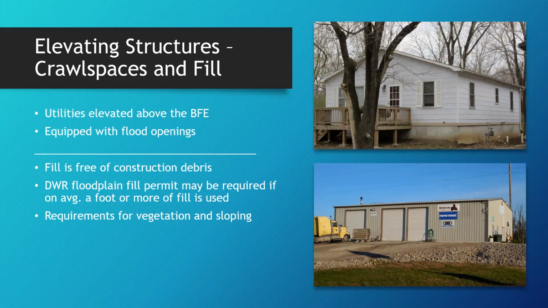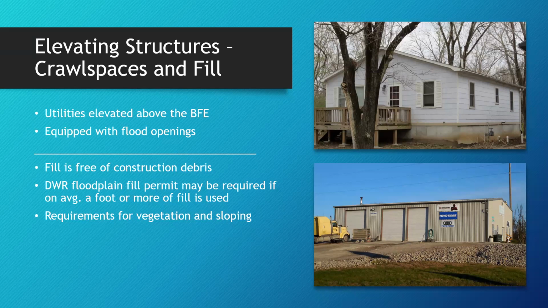And then fill. Often in Kansas, we require a statement that says it's not going to have any construction debris. So sometimes people try to put construction debris in the fill, and that's not good. We want clean fill. It can have rocks and rubble in it, just not any construction debris. And then that goes hand in hand with the DWR floodplain permit that is going to be required if you have on average a foot or more of fill.